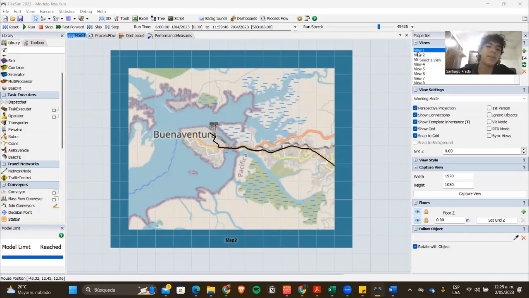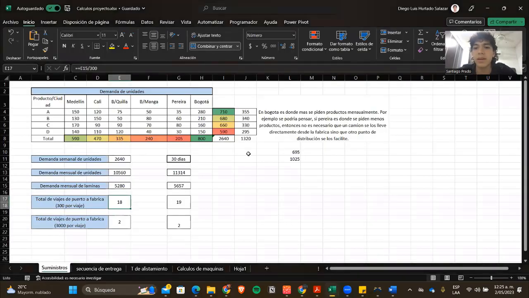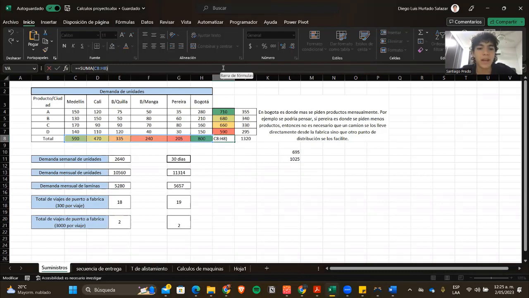Okay, here in the port is where the process begins, because first the sheets arrive here and it is where the trips to the factory are made. Our 4 important decisions are, in the Excel, we're going to see. Here we have the total demand of a week of all units for each series.